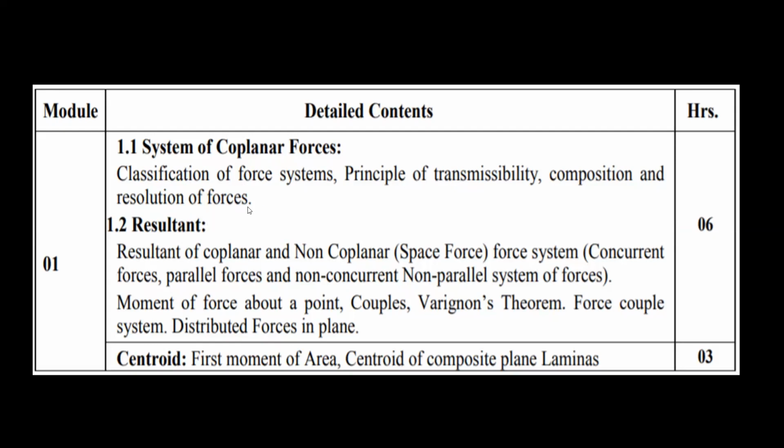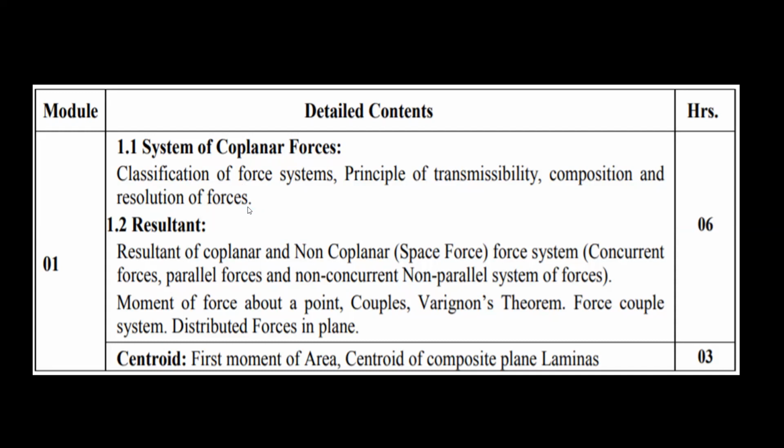The last point we have seen is the law of parallelogram. That means if there are two forces acting at a single point, then these two forces can be replaced by a single force. That is called the net force or the resultant force.